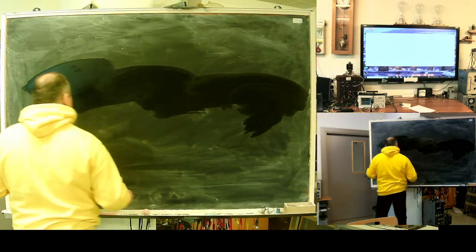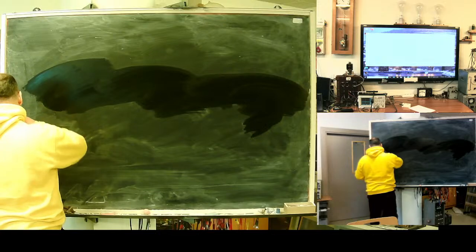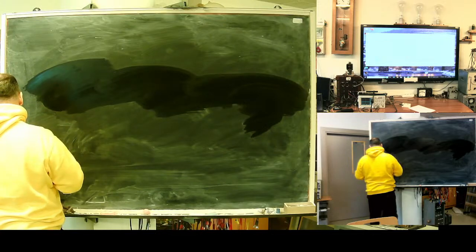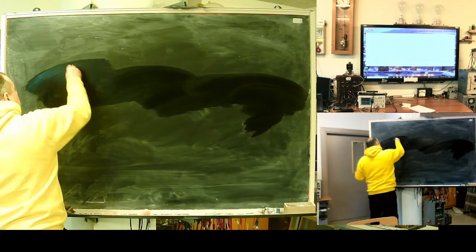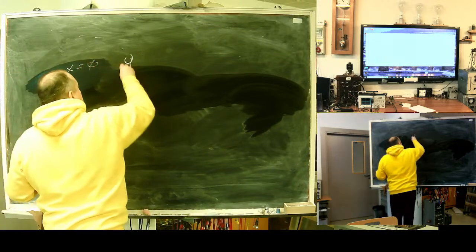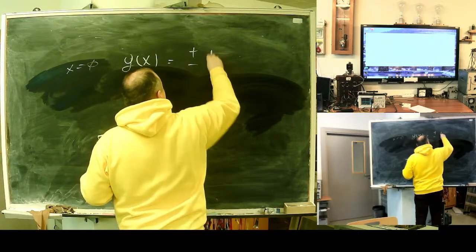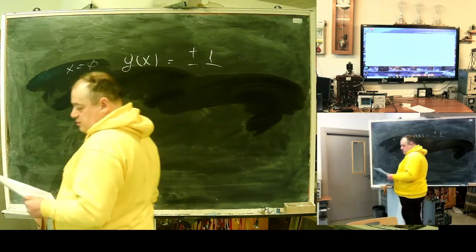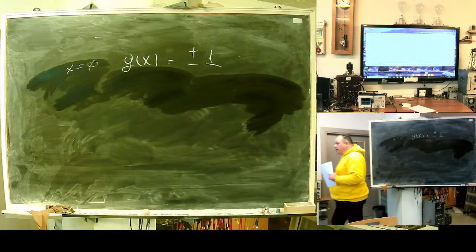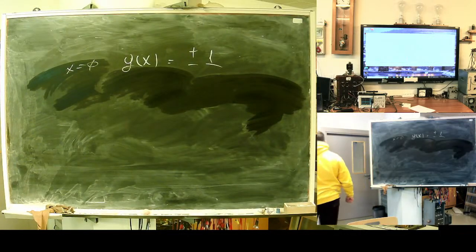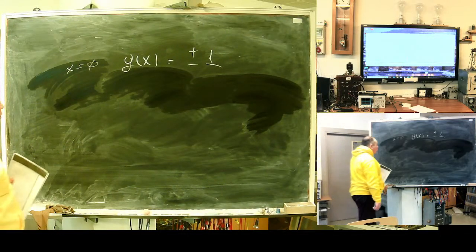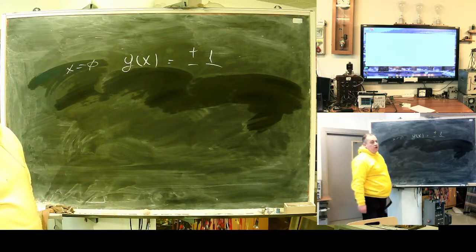It should be known that at point x0, Gibbs function has two values, plus or minus 1. But the Fourier series has only one value, 0.